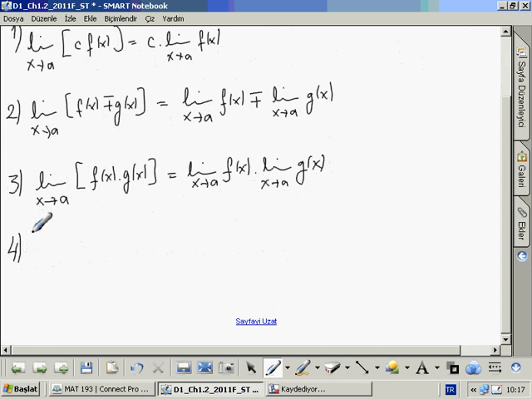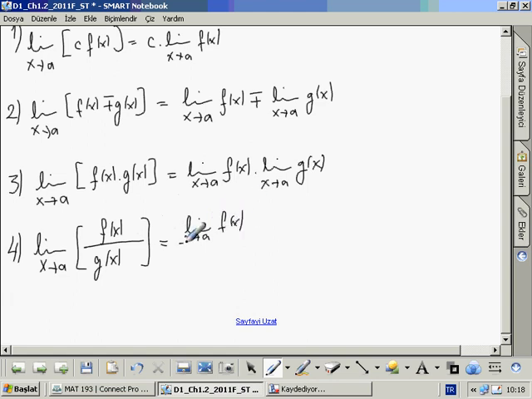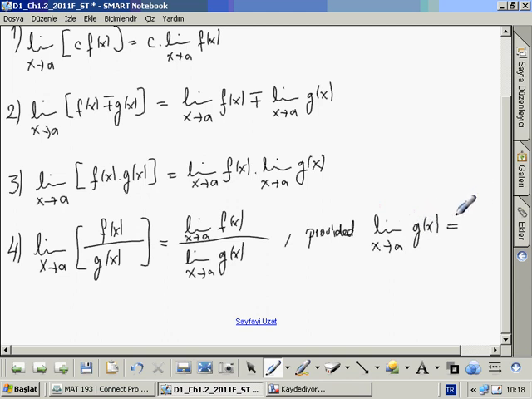And the fourth one: limit x equals to a of f of x over g of x equals limit x equals a of f of x over limit x equals a of g of x, and of course, provided limit x equals a of g of x doesn't equal to 0, okay?